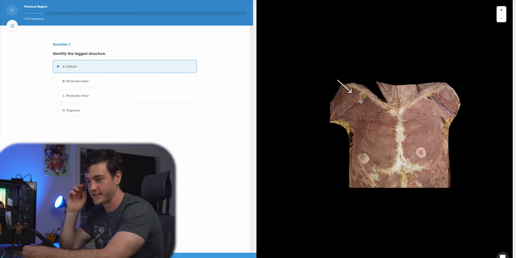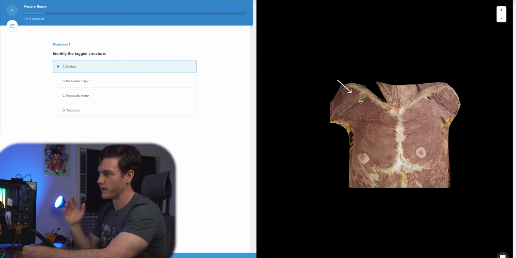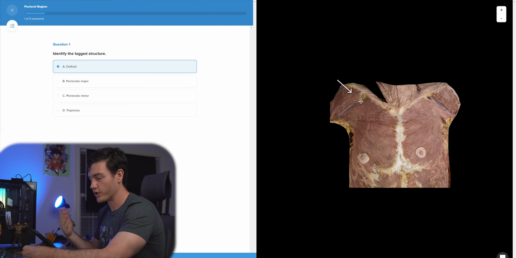He's an artist and he does a lot of cartoon drawing depictions of cadavers. While it is good to get a baseline foundation by looking at those artistic depictions, you can't substitute for actually looking at the cadaver and seeing what the structure will look like in real life. That's why I think resources like this can be really useful for studying for your anatomy lab practicals.